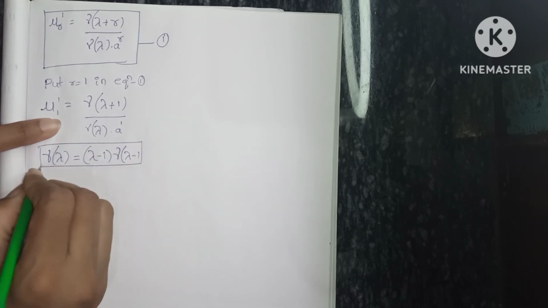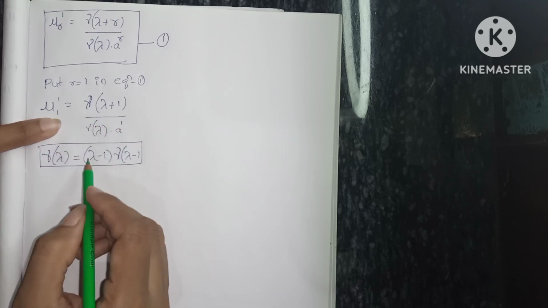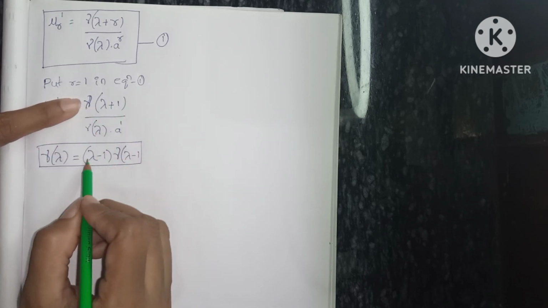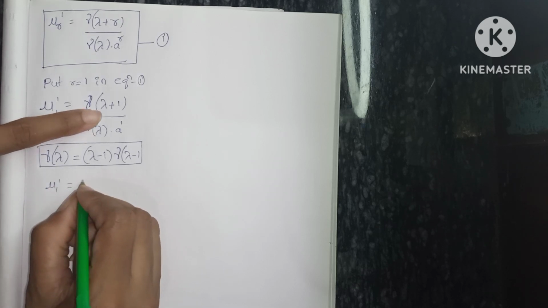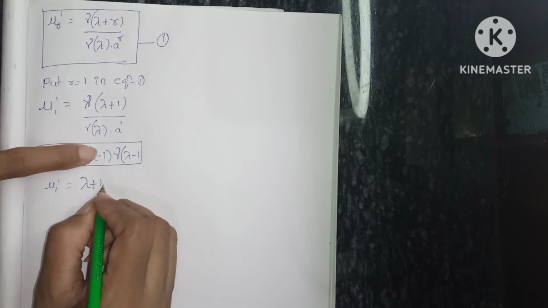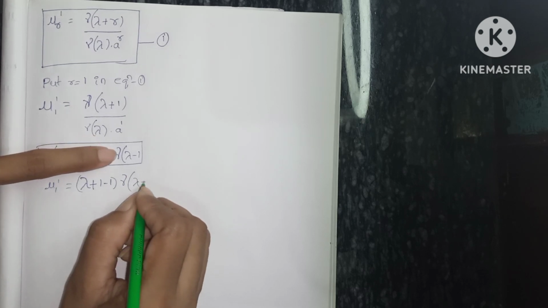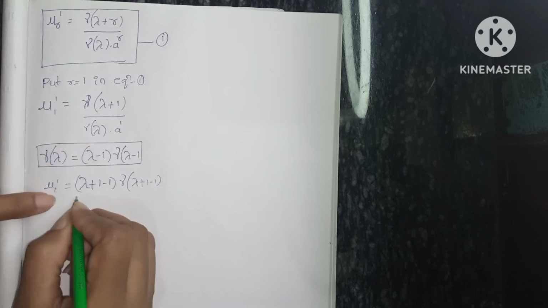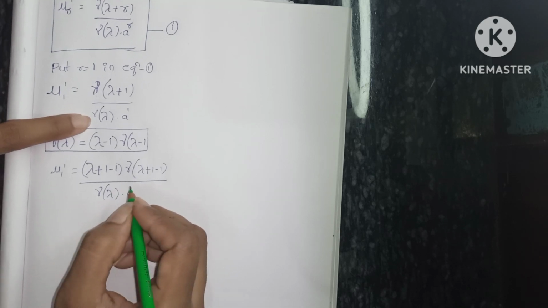So what we have to do is write this term in this way. So mu 1 dash equals lambda plus 1 minus 1 into gamma of lambda plus 1 minus 1 by gamma of lambda into a power 1, which is nothing but a.